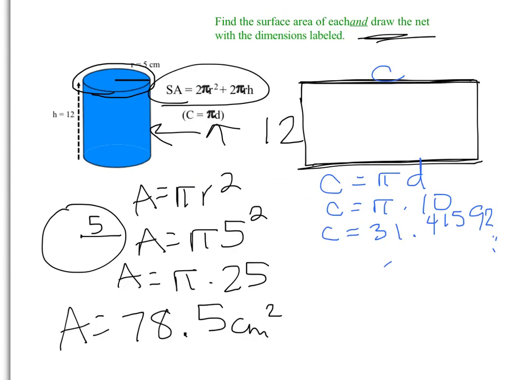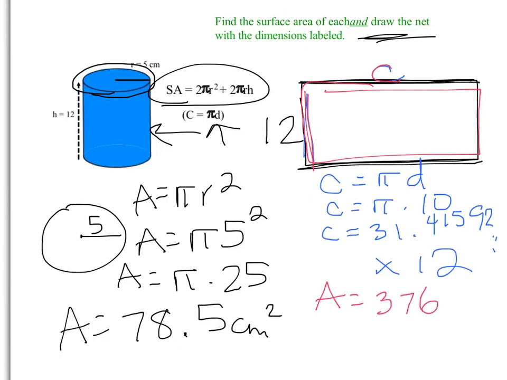So let's just multiply that times 12, because that's my height. That will give me the area of this rectangle. So I'm finding that circumference times this height. And so that gives me 376.99.